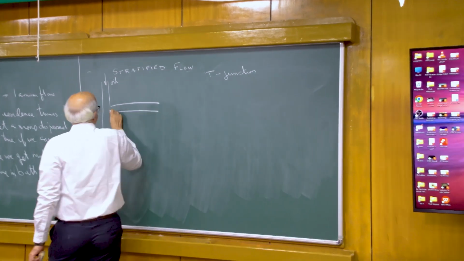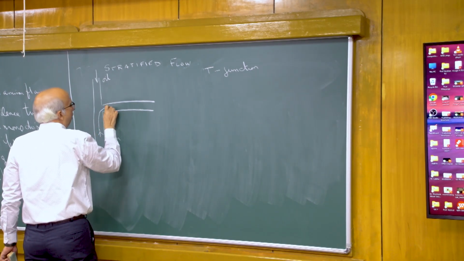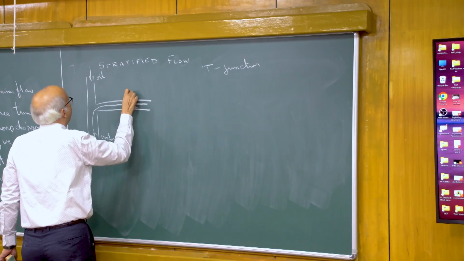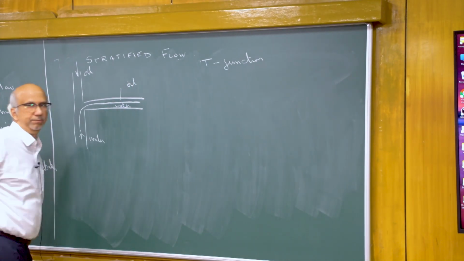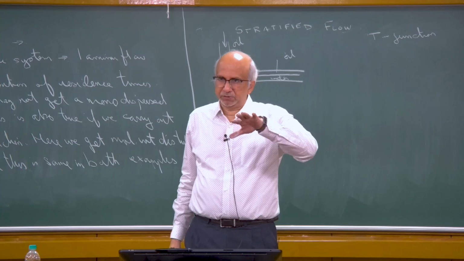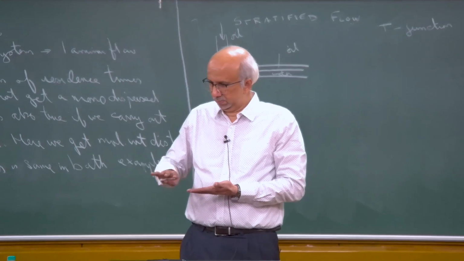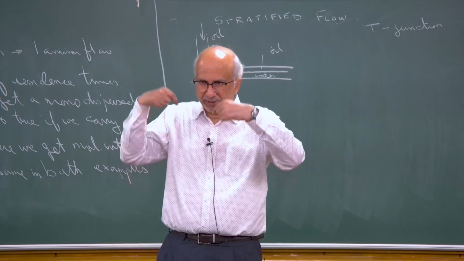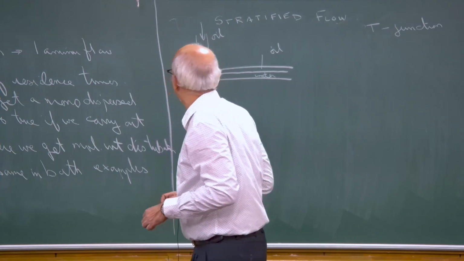The two liquids will come, they will flow, and this is water and this is oil. We are looking at things from the top. The T is lying on the bench, on the desk, and the two fluids are flowing side by side. We are looking from the top.